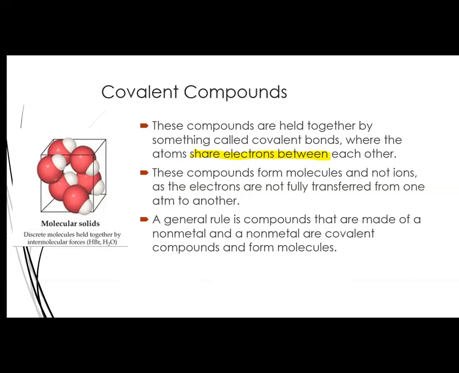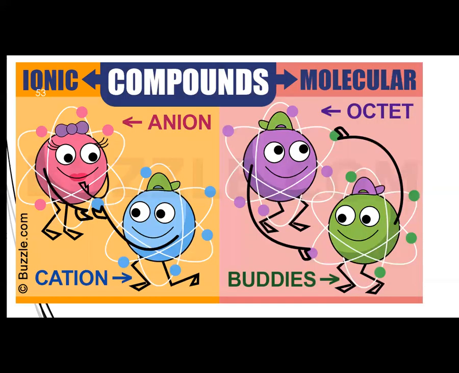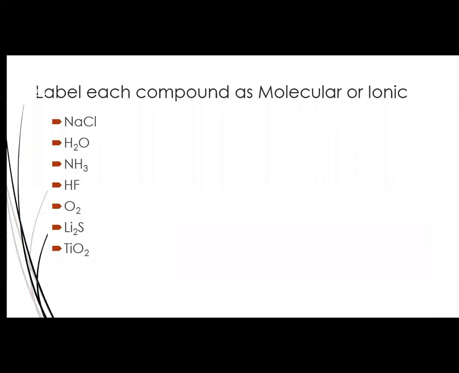So when we think about this, when we're trying to classify them, ionic compounds involve ions. So we should be looking for anions and cations, or metals and nonmetals, whereas our molecular compounds are our covalent ones. This is where they're sharing electrons. They're not just transferring electrons. So we want to make sure we can identify which one is either a molecule or which one is ionic.